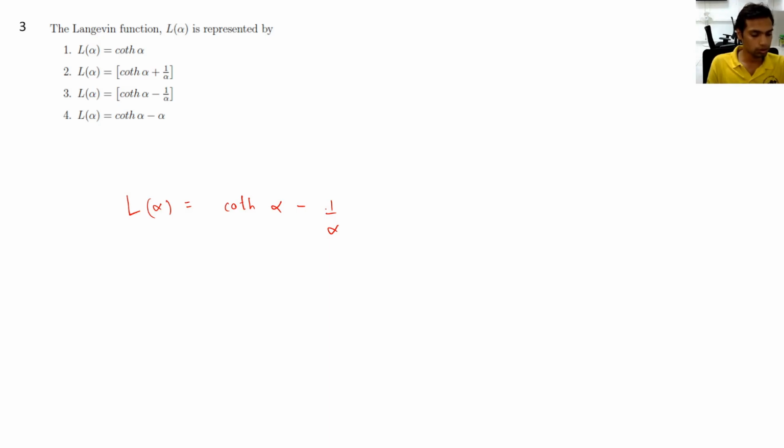So this is a widely known function, and it is given by this formula. So this is your correct answer. You just have to look this up.